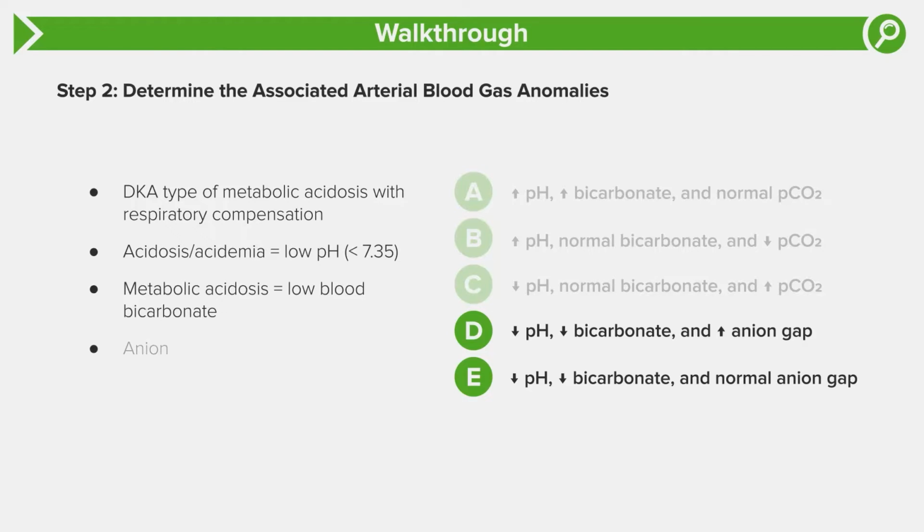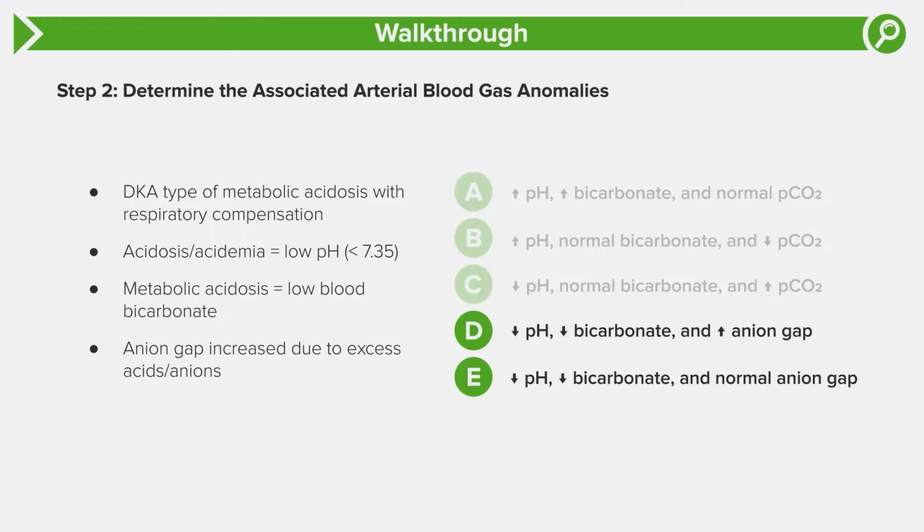Now, this is something you just have to memorize and also understand. Diabetic ketoacidosis is an anion gap metabolic acidosis. You've got to just ingrain that into your brain. You're going to say it so commonly over your career. Now, an anion gap is present in patients that have DKA because they have excess acids.